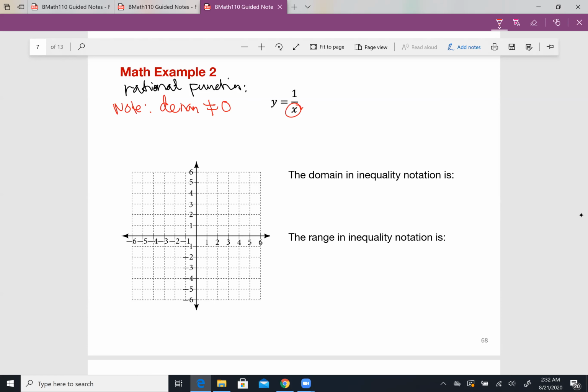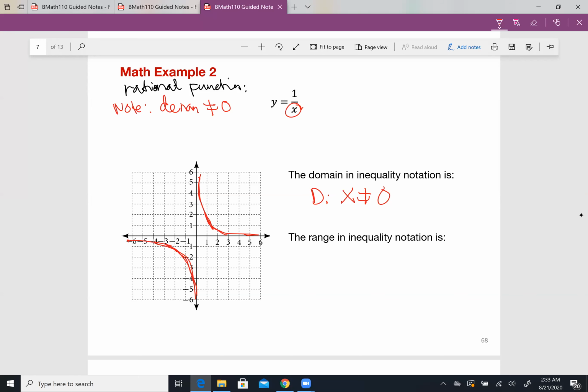It is the bottom term here, right? So in this case, the domain has to be x not equal to 0. And the graph of this, if you remember, is a hyperbola, like that.